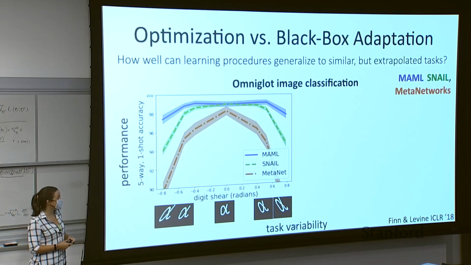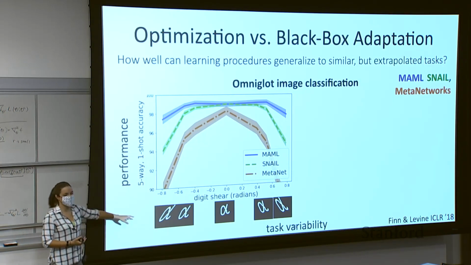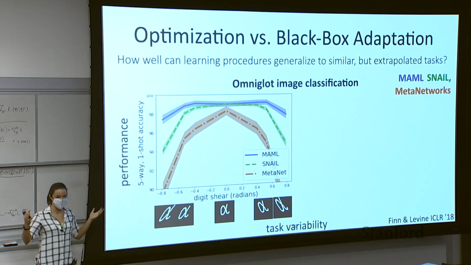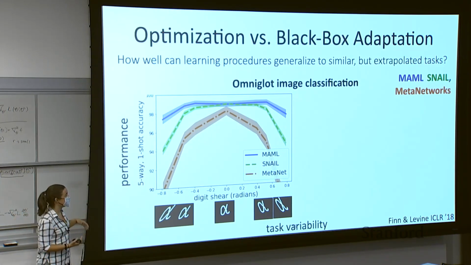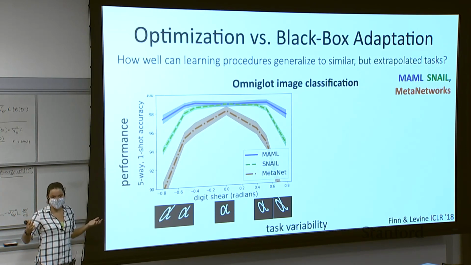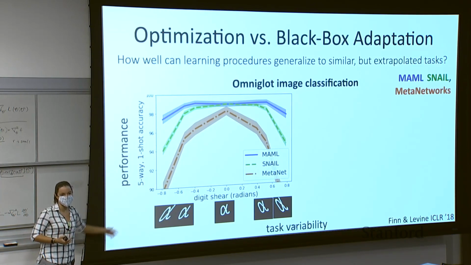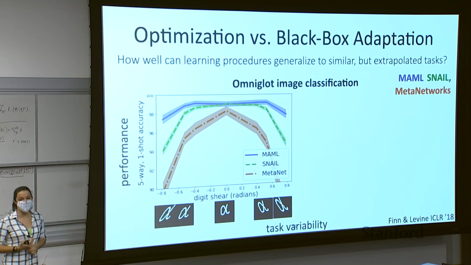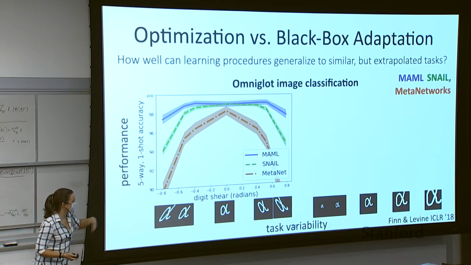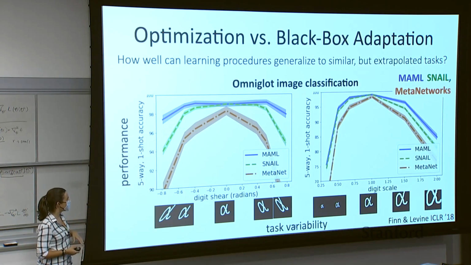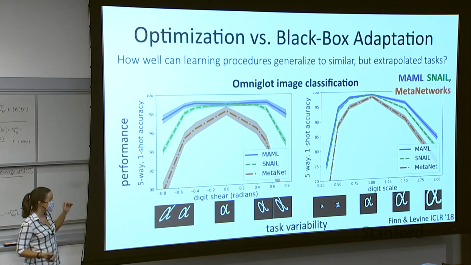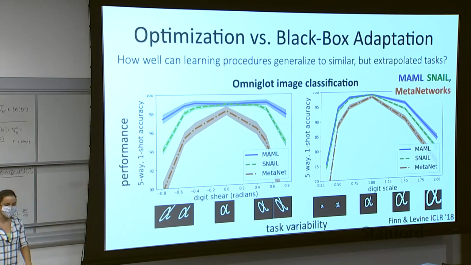The intuition is that if you're feeding out-of-distribution tasks into a black box neural network, you don't really have any reason to expect it to generalize. Whereas if you're running gradient descent on out-of-distribution images, you can at least expect it to improve on the objective, just like fine-tuning improves. We can also look at something like the scale of the digits, and we see somewhat of a similar trend where MAML is a bit better at extrapolating.